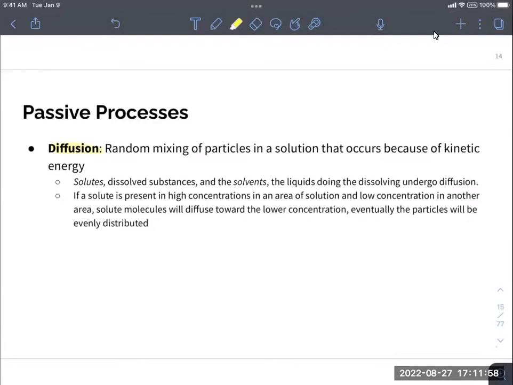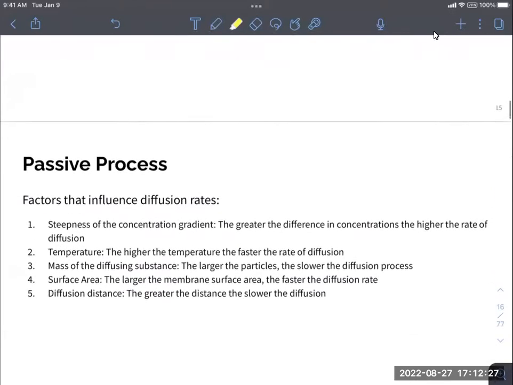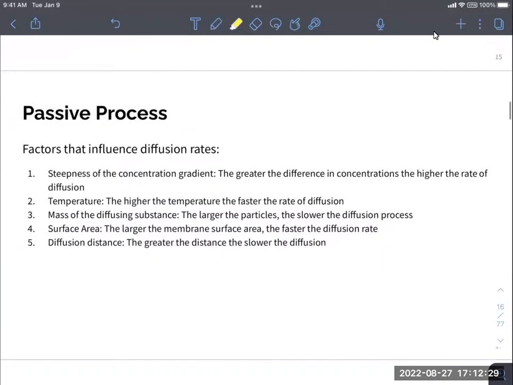Solutes are the dissolved substances, and the solvents, the liquids doing the dissolving, undergo diffusion, kind of like that food coloring in water. When you first put food coloring in the water, it's very concentrated. There's a lot of color right in that area, but it'll slowly diffuse to the rest of the container it is put into.